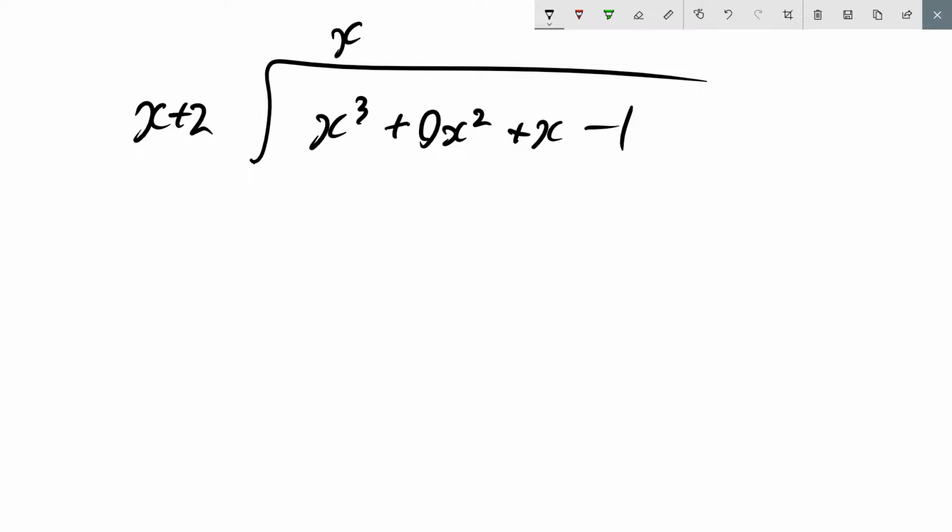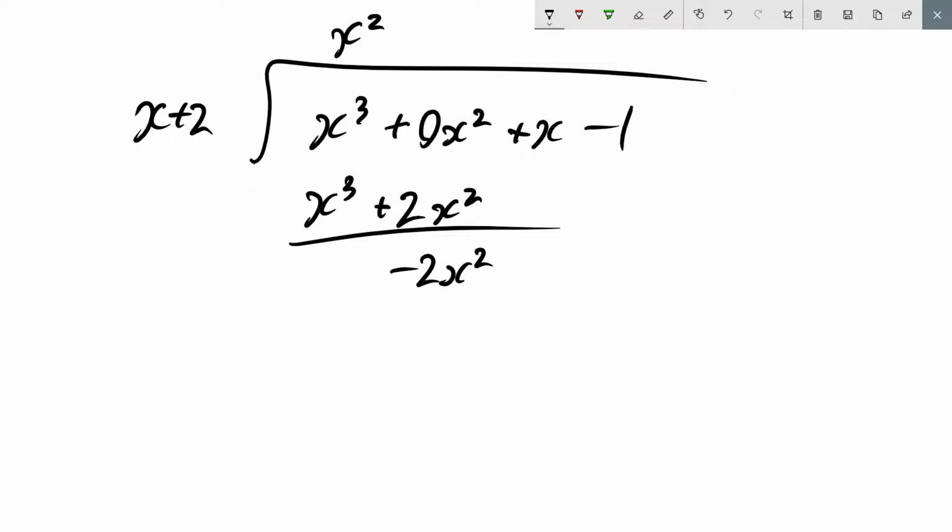Now, when I do x squared at the top here, x cubed plus 2x squared, I can subtract these two, negative 2x squared plus x, and I don't have this weird diagonal drop. Now I can proceed, minus 2x squared, and then I will have a minus 4x.